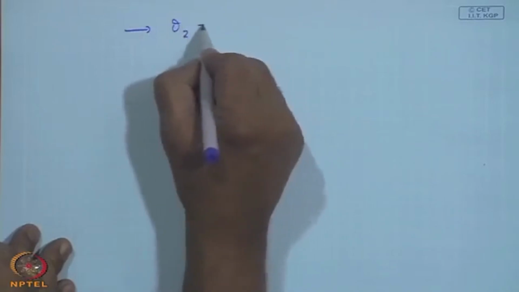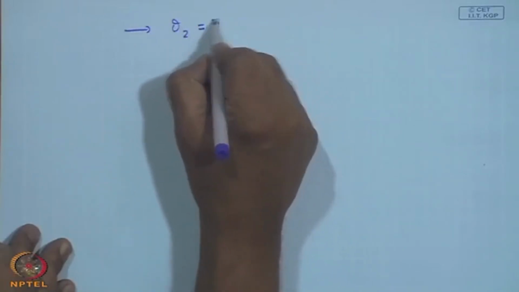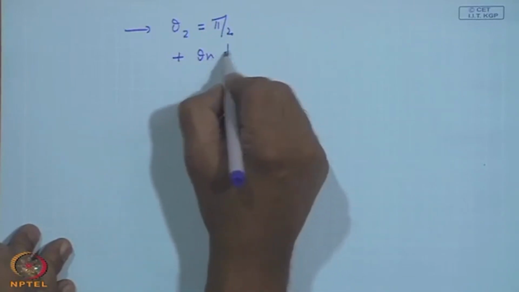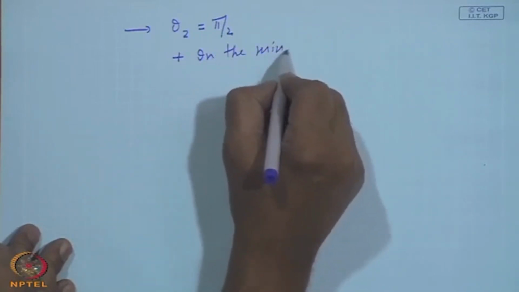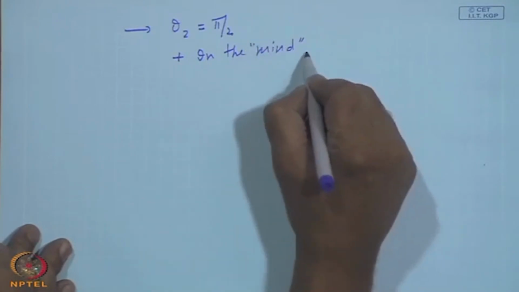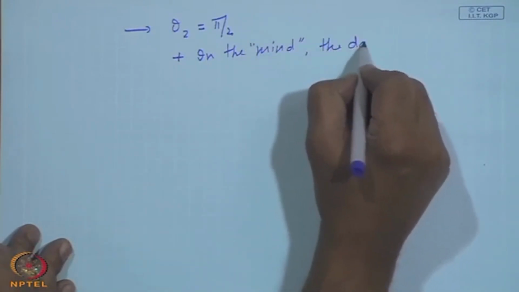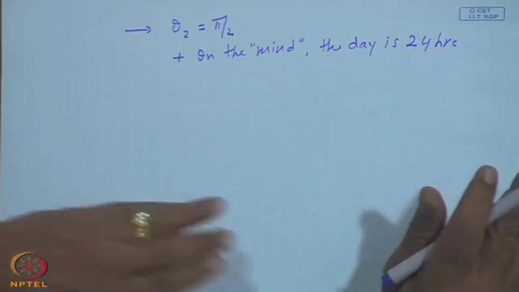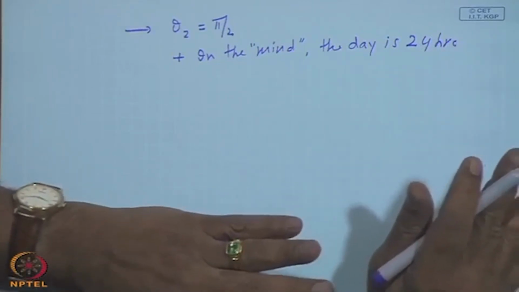But what happened was, in our process of derivation, we said that theta z should be pi by 2. It is not satisfying both of them, that is all. Nothing wrong with that equation. We are psychologically thinking that sunrise and sunset should take place within 24 hours, and then theta z should be equal to pi by 2.